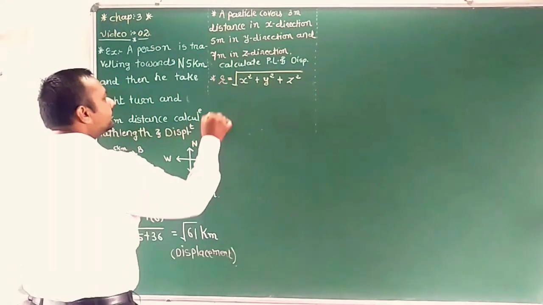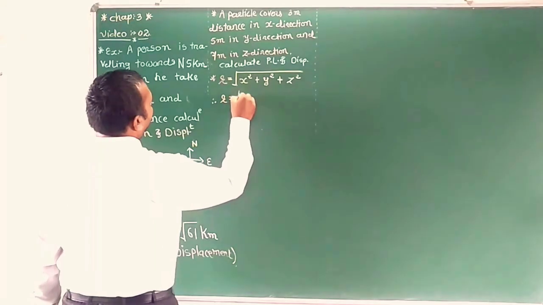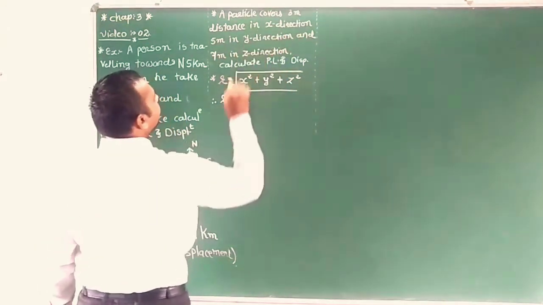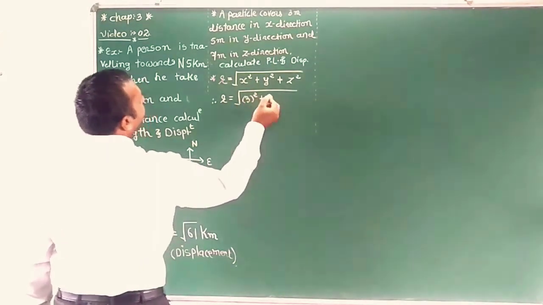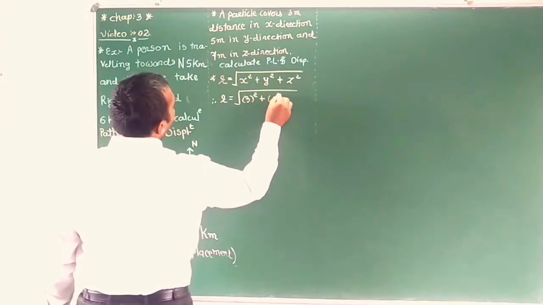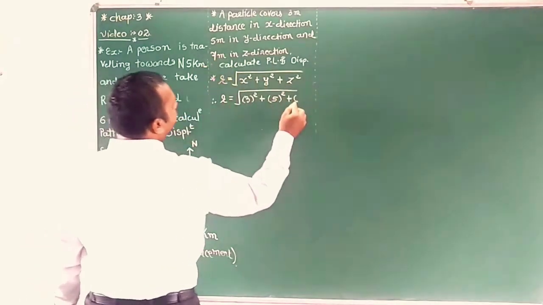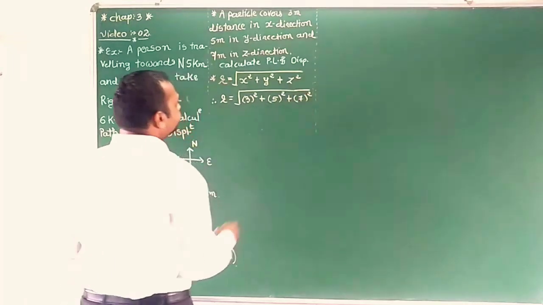So we directly put r is equal to the square root of x, 3 meter distance in x direction, so 3 square, plus 5 meter distance in y direction, so 5 square, plus 7 meter distance in z direction, that is 7 square.